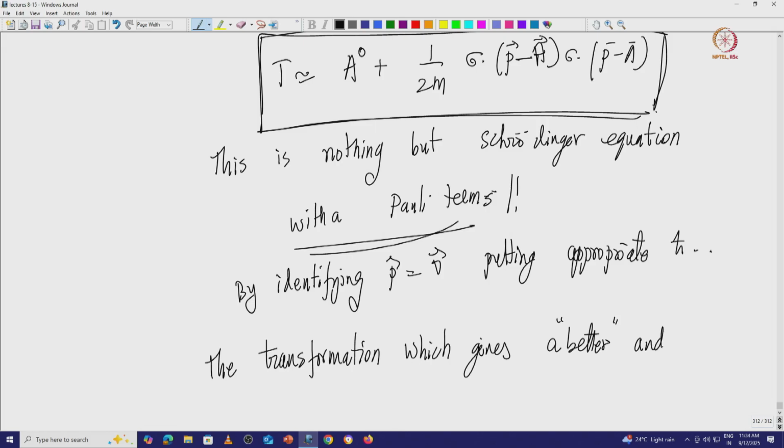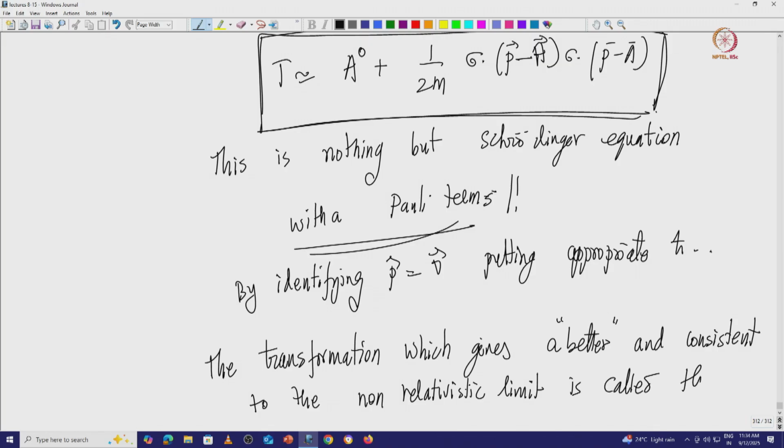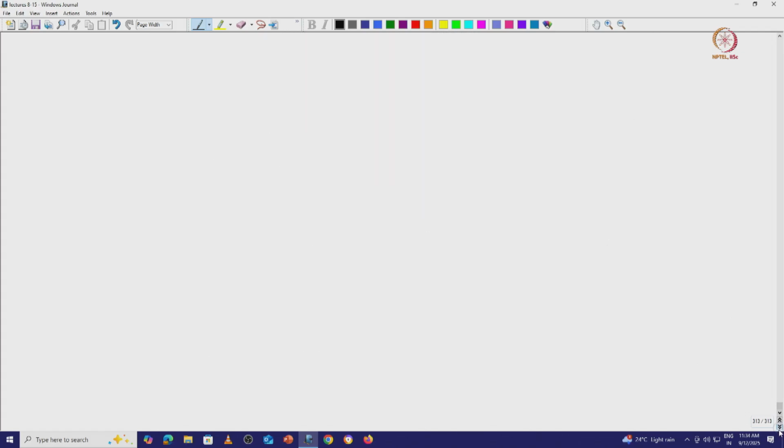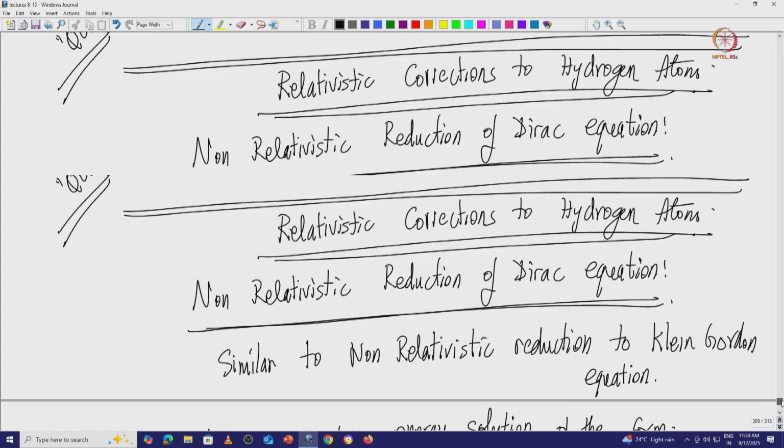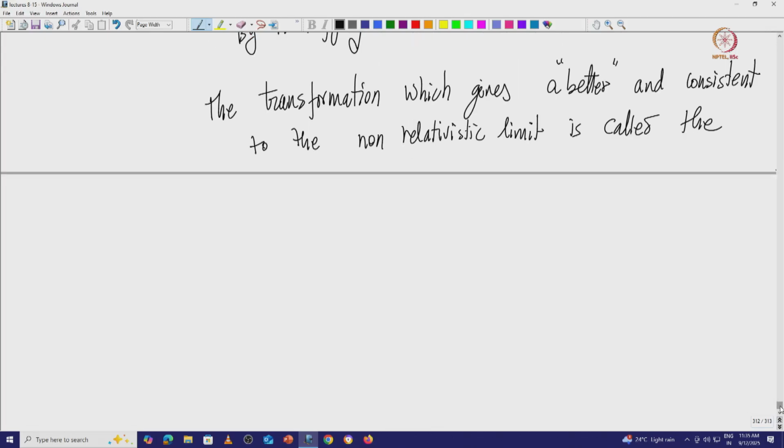A better and consistent transformation to the non-relativistic limit is called the Foldy-Wouthuysen transformation.